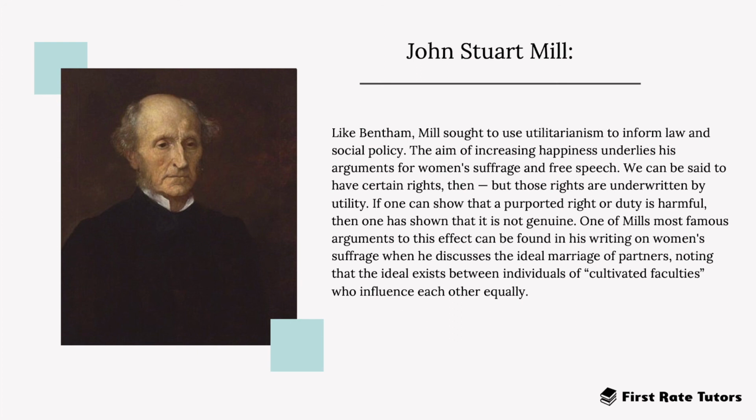One of Mill's most famous arguments to this effect can be found in his writing on women's suffrage, when he discusses the ideal marriage of partners, noting that the ideal exists between individuals of cultivated faculties who influence each other equally.